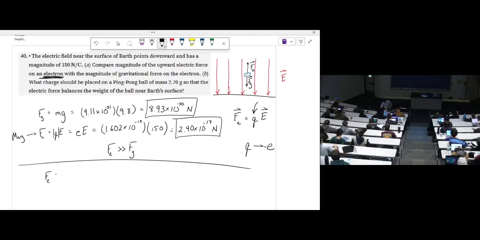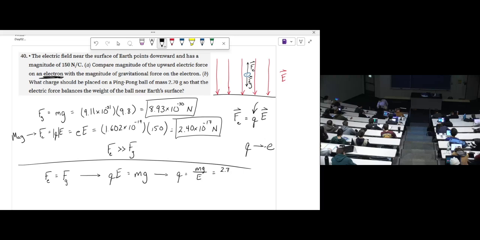So Fe is equal to the force of gravity. But we're just talking about magnitudes here. So that would be Q times E is equal to M times G, or Q is equal to mg over E.